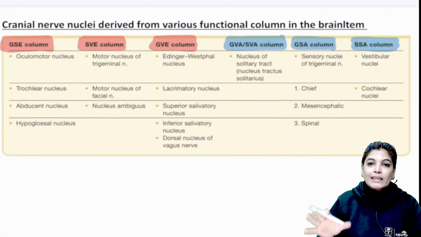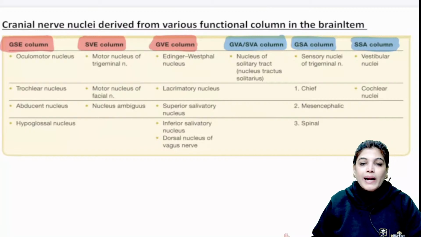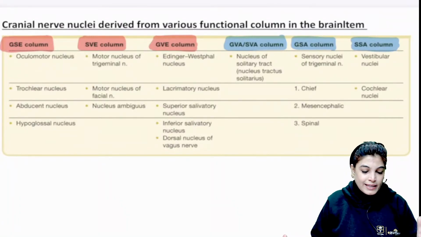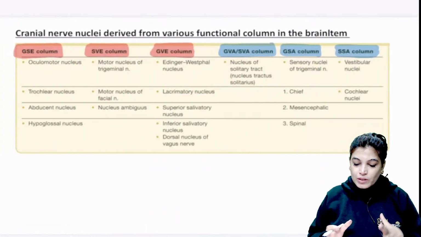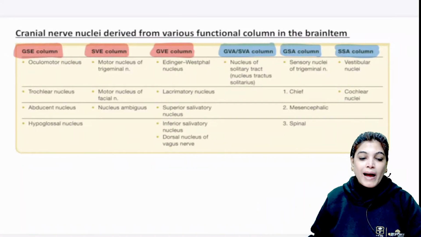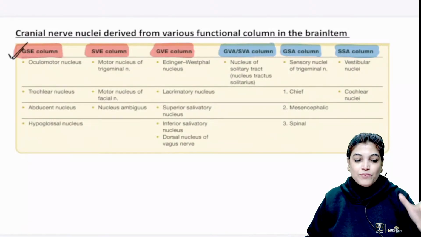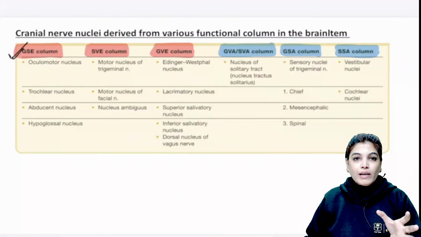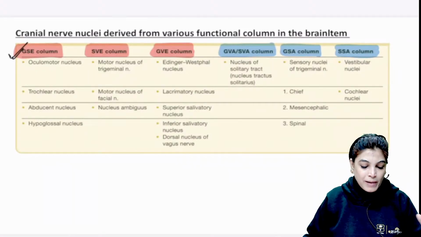So this is actually the table, and I would like to explain each one of it. We will come to this table once again, but first I want you to understand each one. So let's start with the first one, general somatic efferent. This functional column of cranial nerve nuclei is important for supplying skeletal muscle of somatic origin.